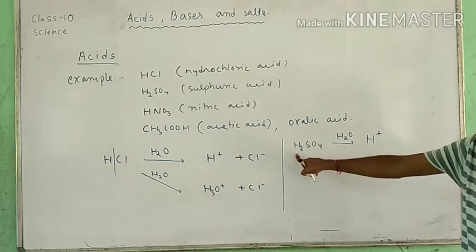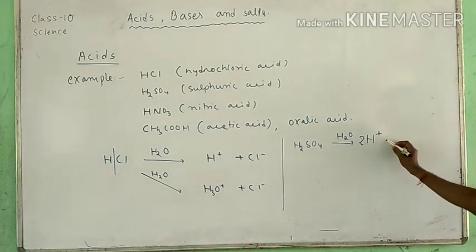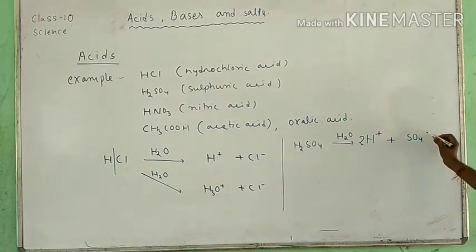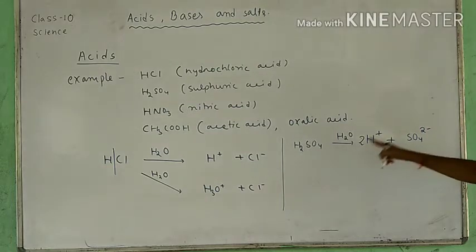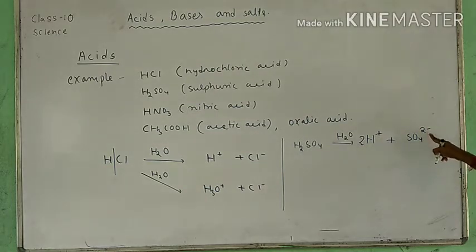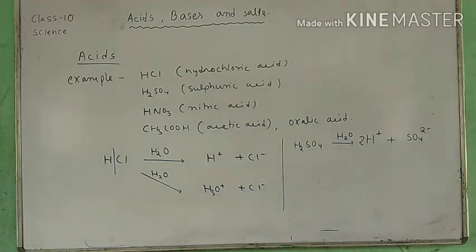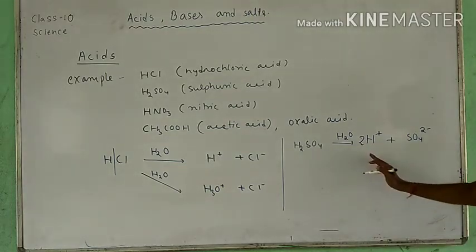There are two hydrogen atoms, so put 2 H positive. The charge of SO4 is -2, so put SO4 2 minus. Since the number of hydrogen is 2, we put here 2 positive, and here the number of hydrogen is 1, so we put the charge 1. Okay, so that's how an acid will produce H positive ion in water.